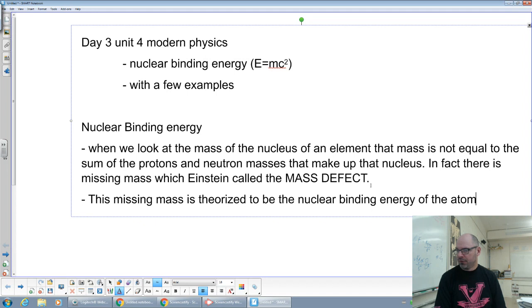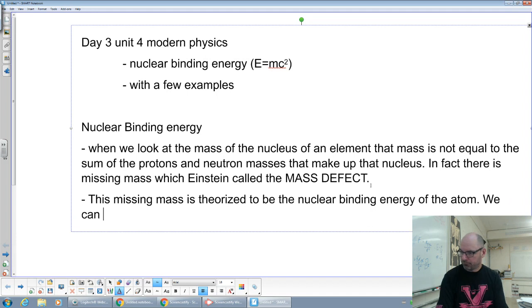Okay, and we can calculate this with E equals mc squared.